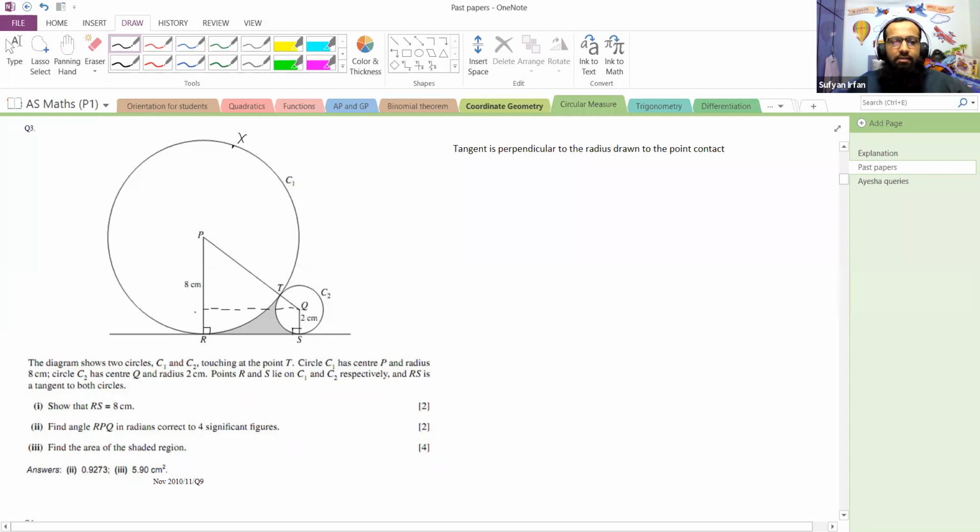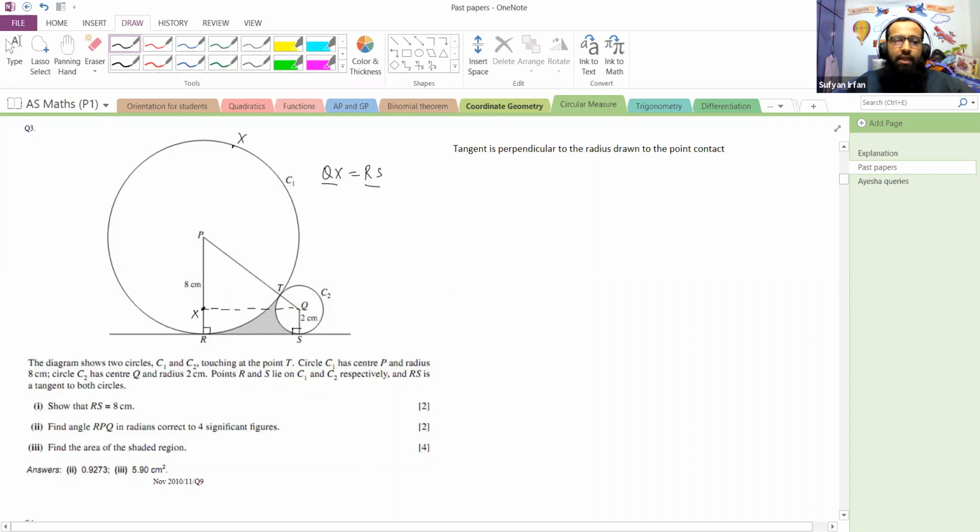Let's mark a point X. QX is the imaginary line that we have made. And now we know that QX is equal to RS. So if we find QX, then RS will automatically be found because both are equal.